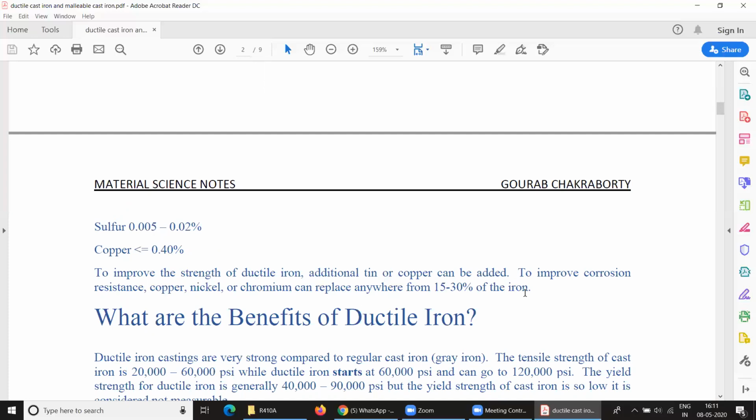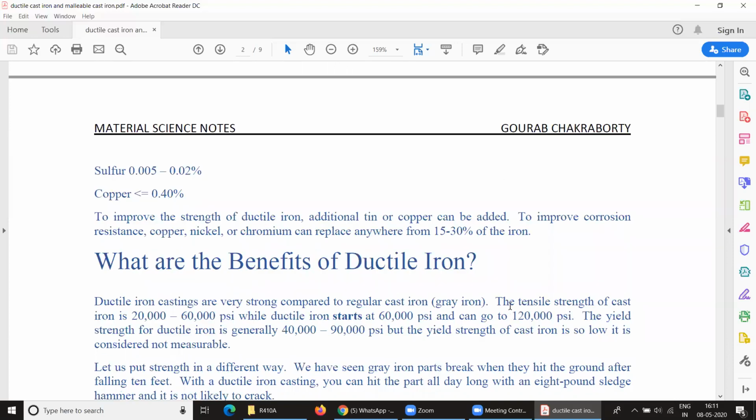So what are the benefits of ductile iron? Ductile iron castings are very strong compared to regular cast iron, or gray cast iron, as we normally say.